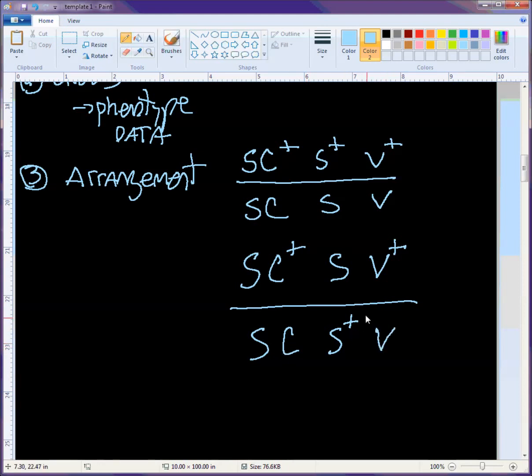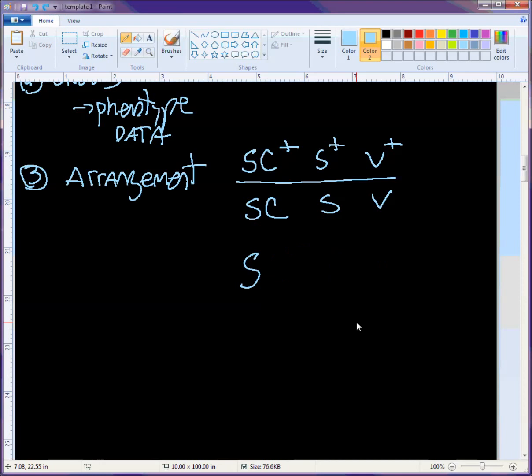Now that's a different arrangement, but we don't need to worry too much about determining the arrangement for this problem because we've already figured that out. In class we went over a way to look at the progeny phenotypes to determine the non-crossover gametes, and that would tell us the arrangement, but we don't need to do that here.